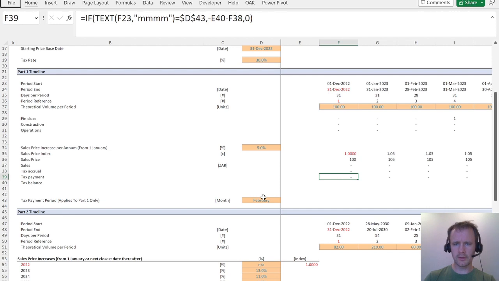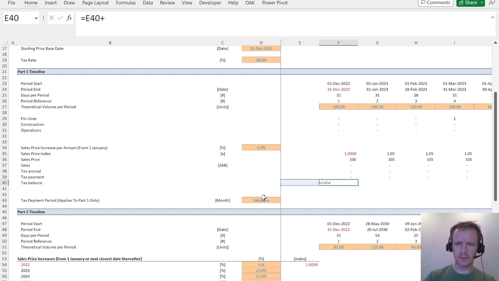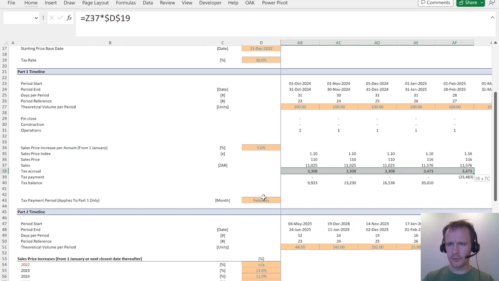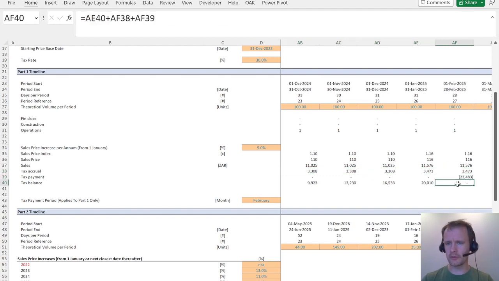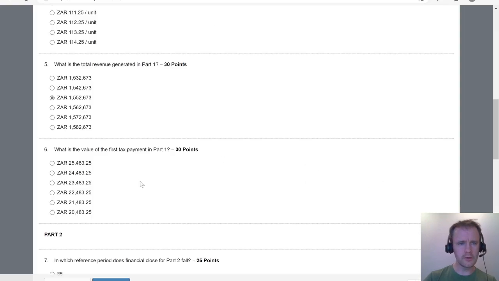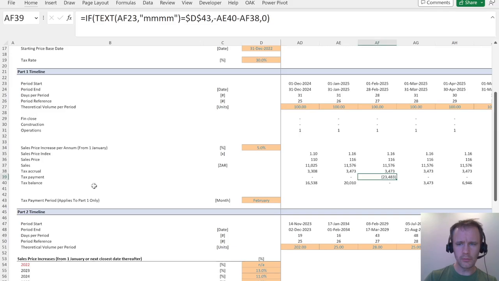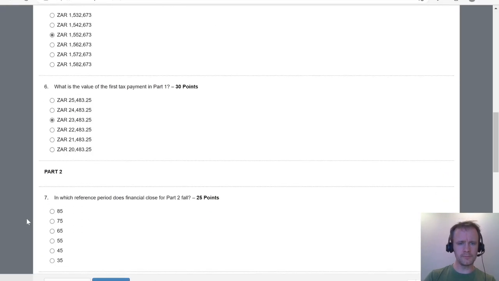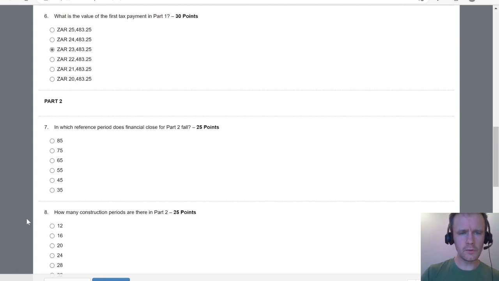Copy across, and then this is going to be this plus this plus this. Copy across, and let's see if that's working. So get to operations. So up to our 1st February, we come to 23,483, and we pay that amount, and then we're down to 0. Good. Okay, so 23,483.25. And let's get my decimal places back here. 43.25. Yes, happy days. Okay. Okay, so part 2 assumptions.